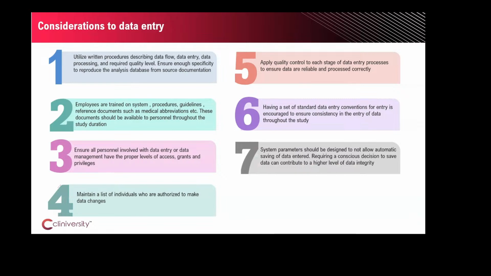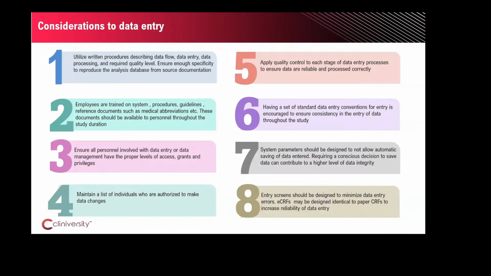Automatic saving of the data by the system should be discouraged during data entry. This will allow the data entry operator to go back and check his work before he submits it. Paper CRFs and EDC screen parameters should be identical as much as possible to avoid any ambiguity or errors of data entry.